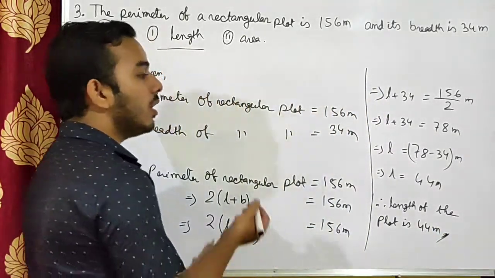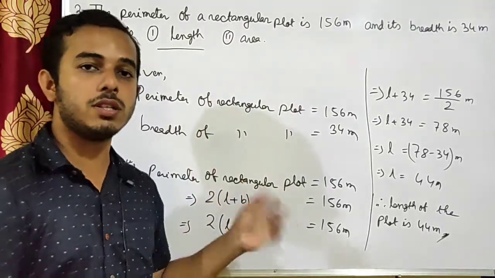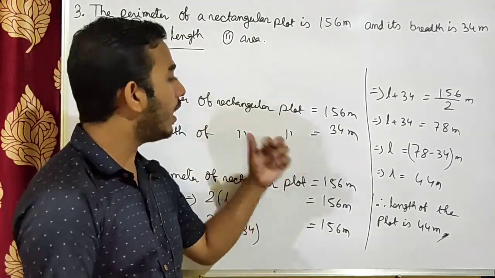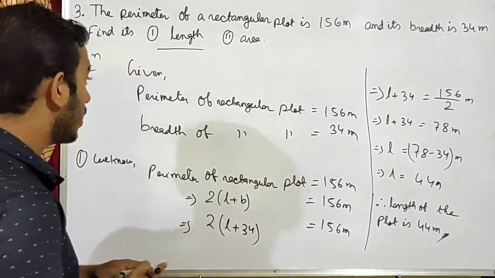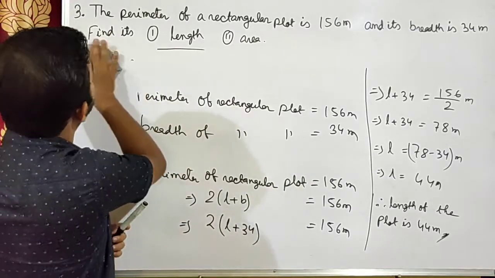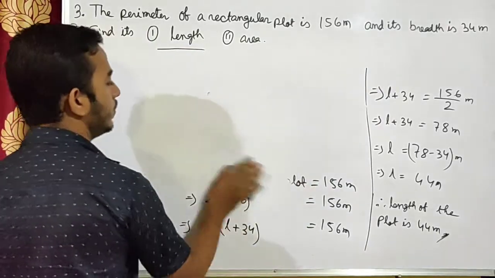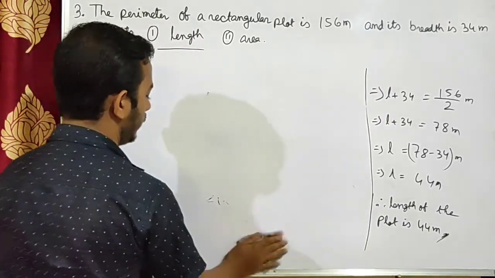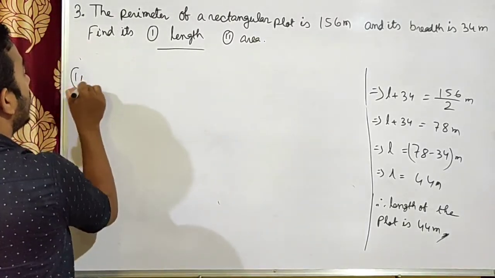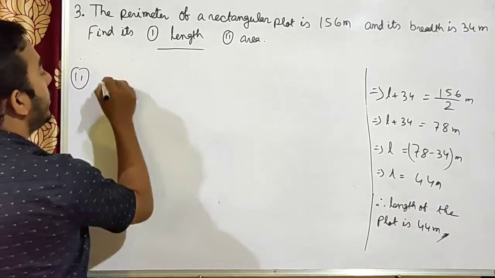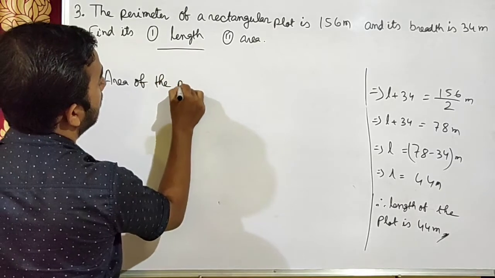Now we have length as well as breadth, so we can easily find the area of the rectangular plot. Just length into breadth. Number 2, area of the plot.